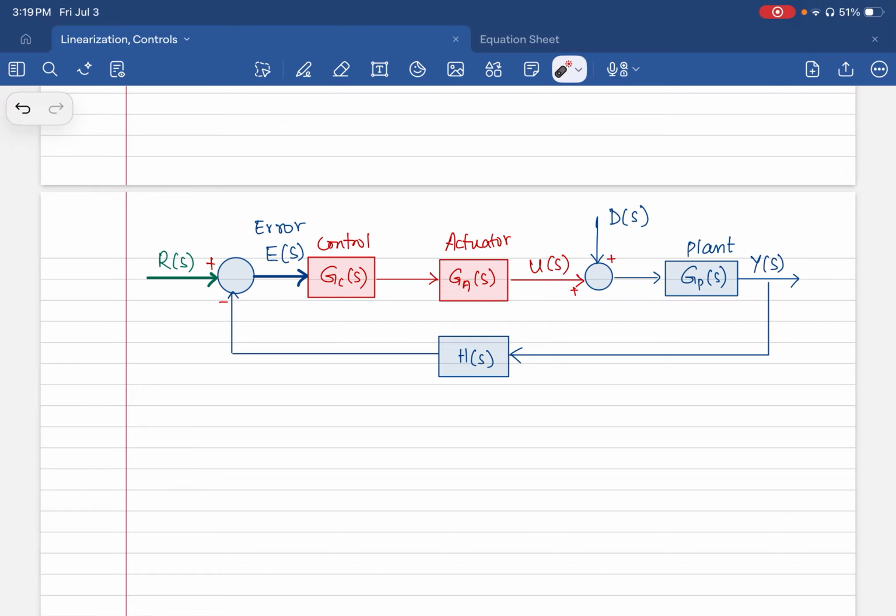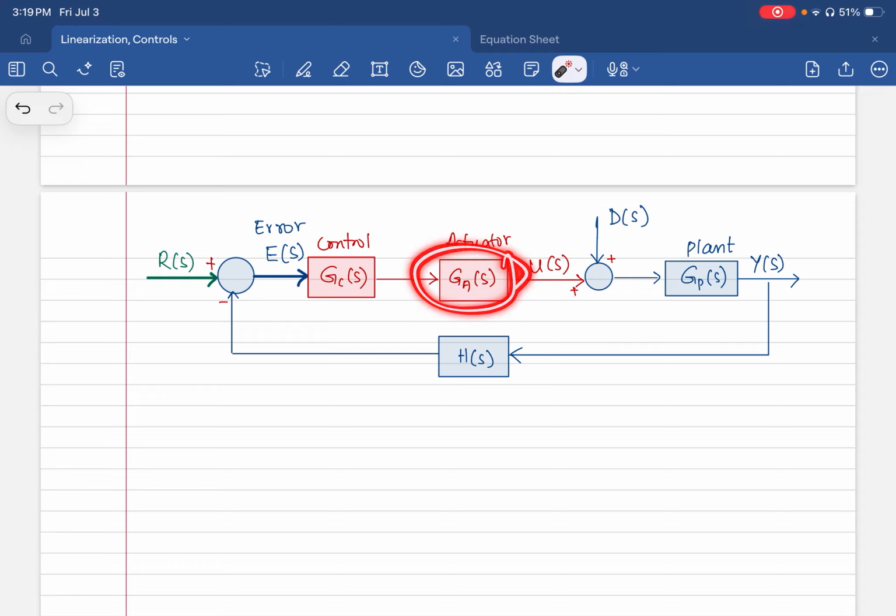Okay, to go over all of this, your plant is basically the system that we're studying. So if it's a room, then the temperature is the output. If it's a spring mass damper system, then the position of the mass is the output. If it's a water tank with water coming in, then the height of the water in that tank is the output, and the tank with the water is the system.